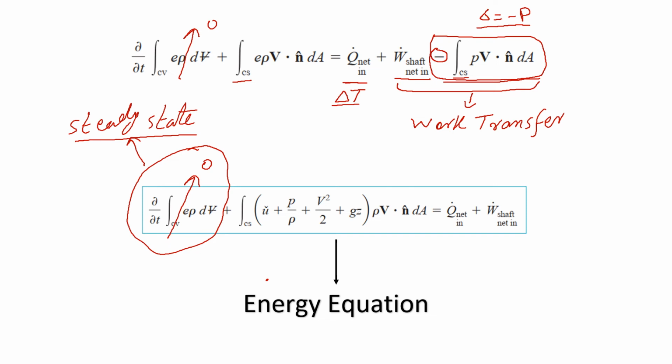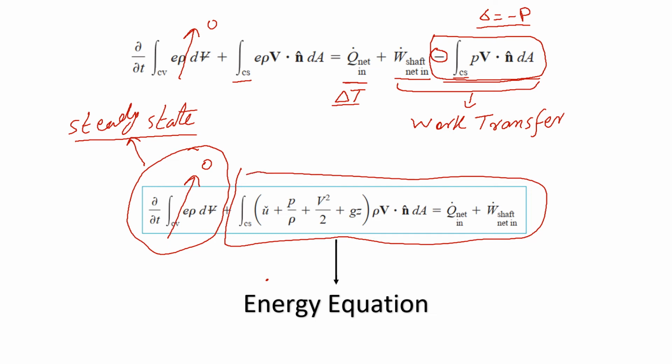So this is the energy equation that we will be left with, and again these two terms can also be equated to 0. This is for adiabatic condition, this will be equal to 0, and this term will be 0 when our problem scenario involves no moving parts. So then this term will be equated to 0.